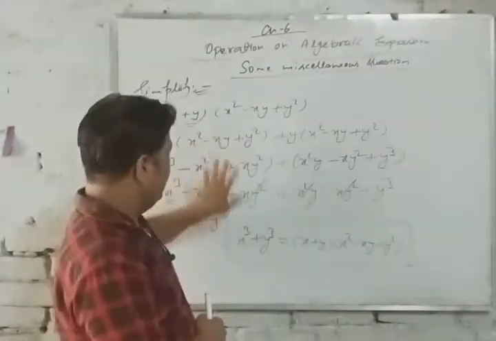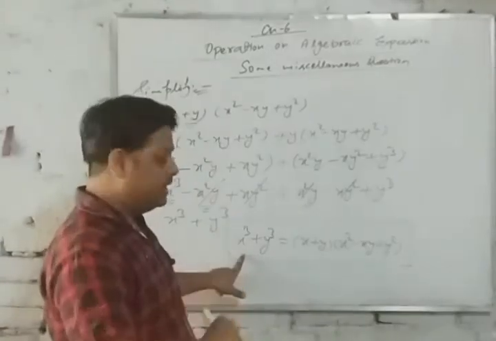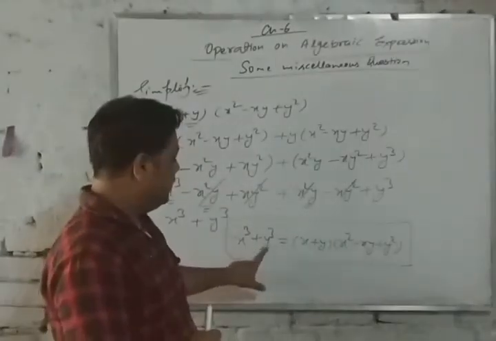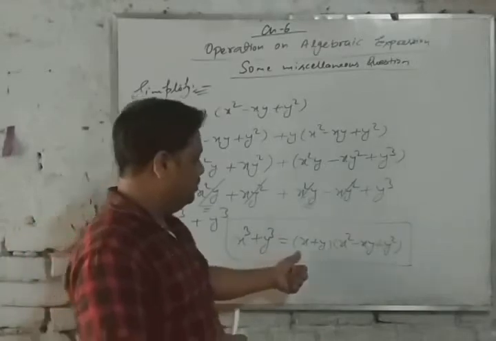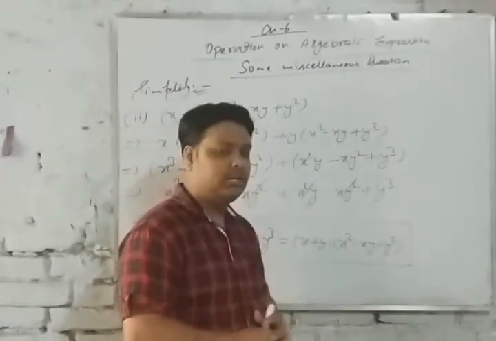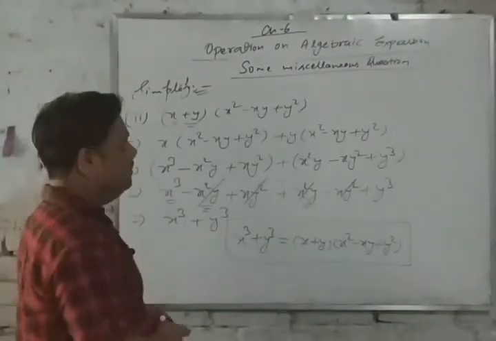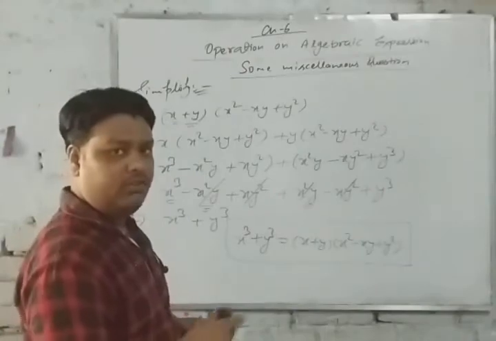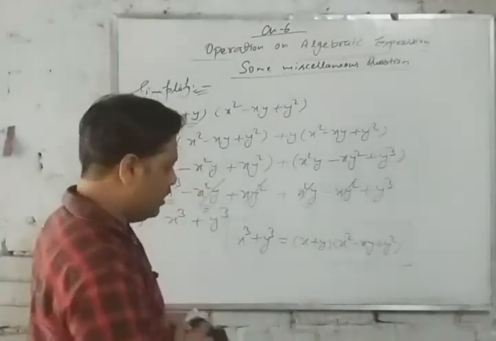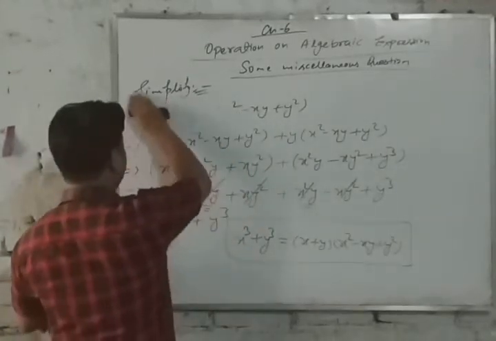So by this calculation we get one more identity, which is x cube plus y cube is equal to (x plus y)(x square minus xy plus y square). Now let's solve one more question, then you will get one more identity. Always keep in mind these identities.